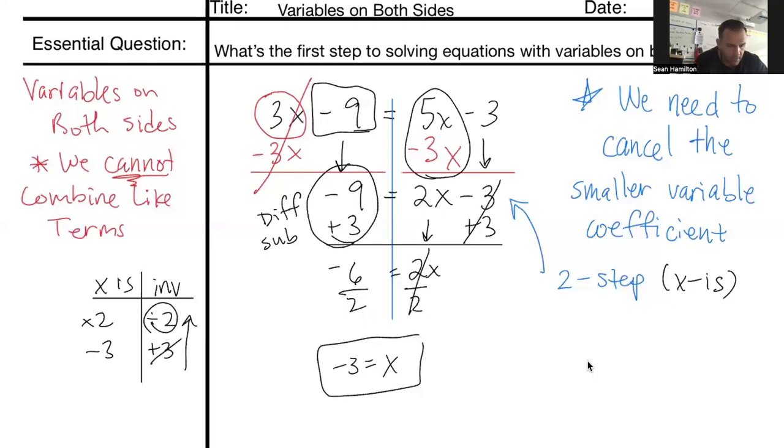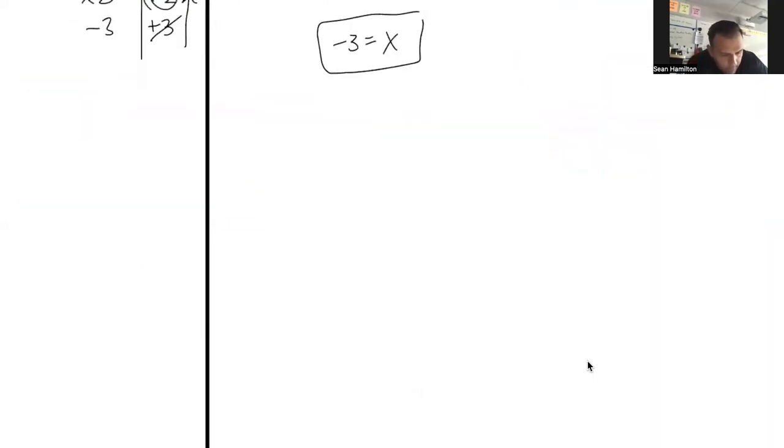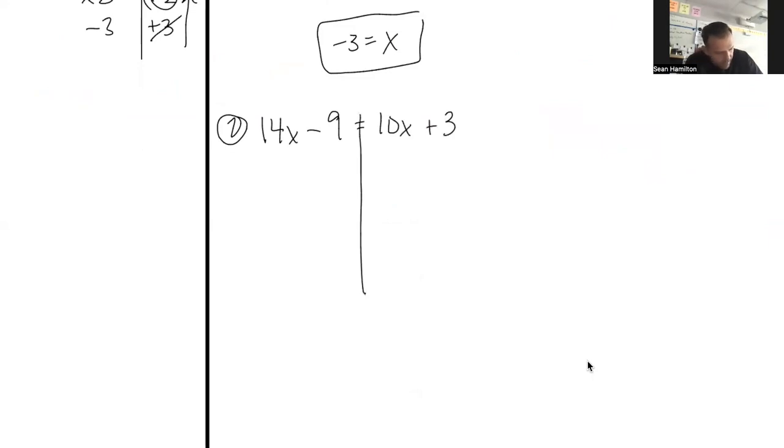All right, let's go on, try another one, number 2. 14x minus 9 equals 10x plus 3. Remember, first step, draw a line down the equal sign. Now I have a 14x and I have a 10x.